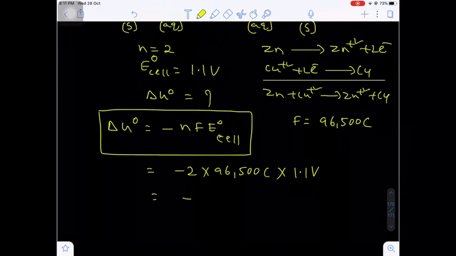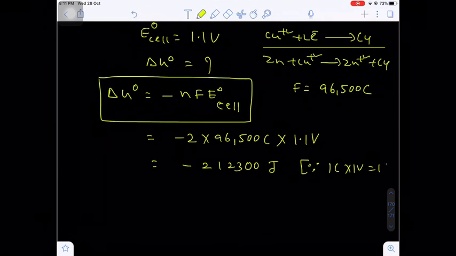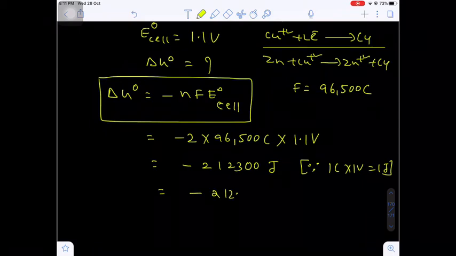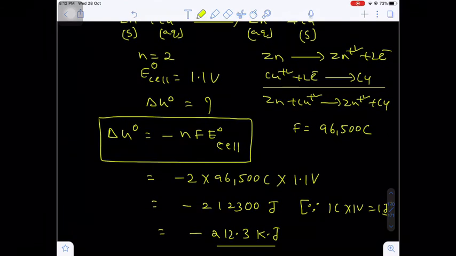So this will be minus 212300 joules. Why? We know 1 coulomb multiplied by 1 volt is equal to 1 joule. Yes or no? Now this is the electrical energy. So in terms of kilojoules, minus 212.3 kilojoules, this will be the work done by the galvanic cell.